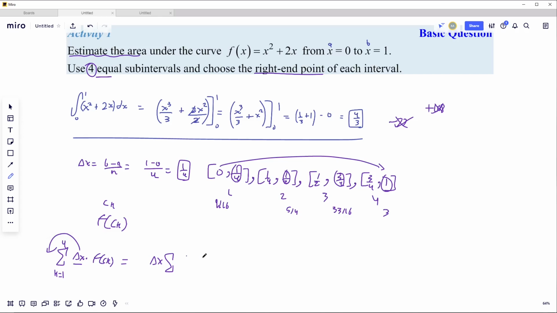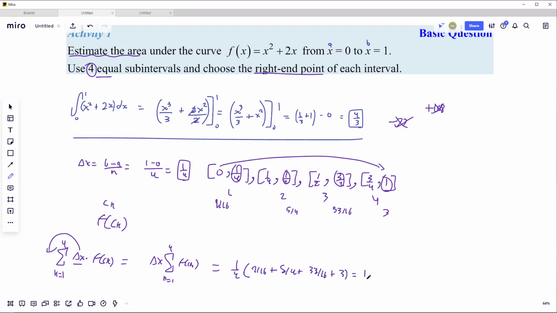So with that, delta x times the summation from 1 to 4 of f of ck. Delta x is 1 over 4, times each one of those values I gave you: 9 over 16 plus 5 over 4, plus 33 over 16, and finally plus 3.